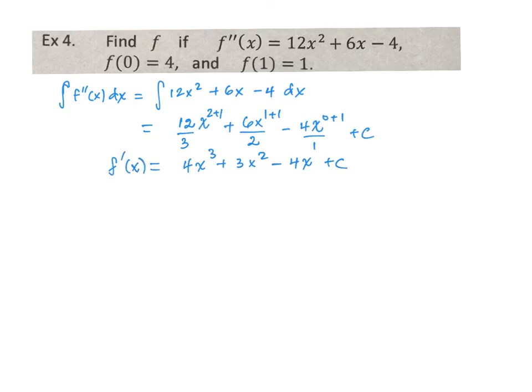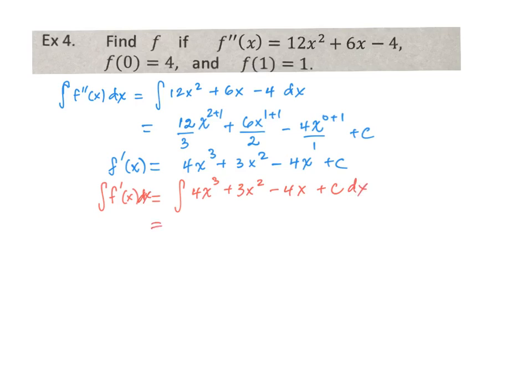Now we take the antiderivative one more time. So the antiderivative of f prime of x will give us f of x. The antiderivative of 4x³ plus 3x² minus 4x plus c. And don't forget the dx on both sides.